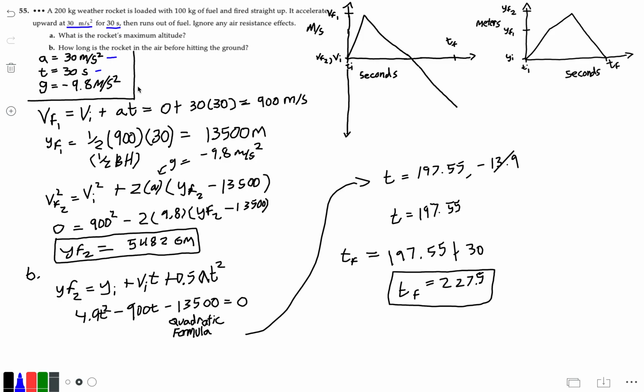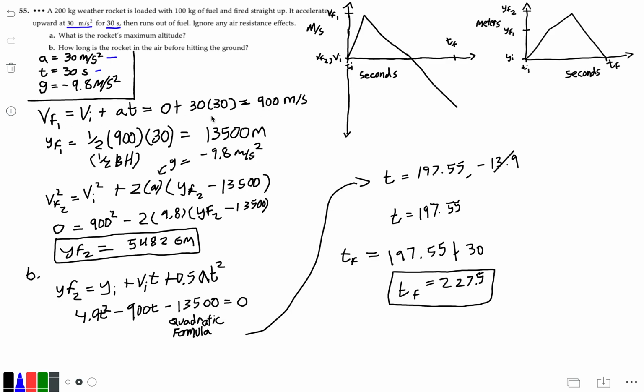So what we're going to do initially is set up a relationship between the initial velocity, the acceleration, and time in order to get the final velocity for the first half of the flight, when the rocket runs out of all of its fuel.